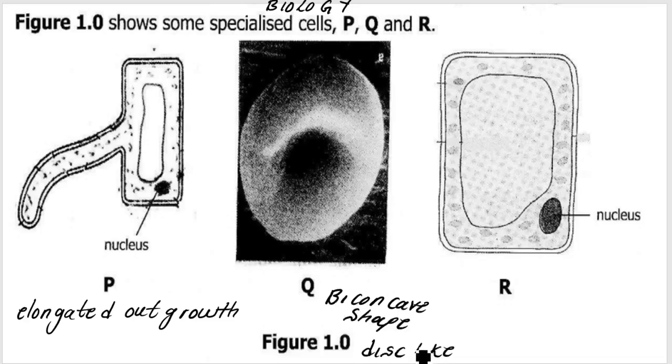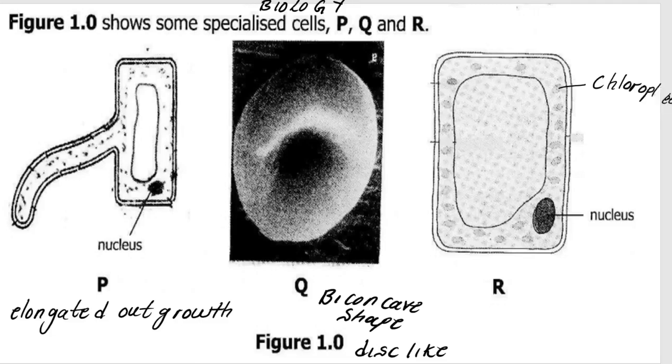Then this is a palisade cell because it has got these organelles inside here. We call those the chloroplasts. So it has got numerous chloroplasts.